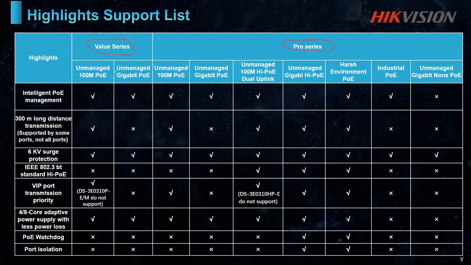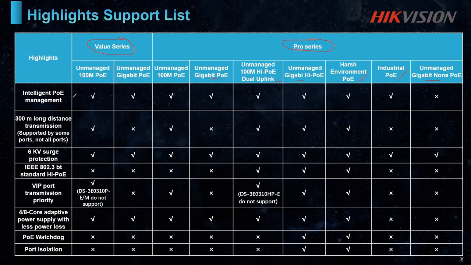In the value series, if you remember from the initial part, there are two categories again, 100M and gigabit. Again, in the pro series we also have the 100M gigabit unmanaged, and also the unmanaged 100M dual uplink. Then also unmanaged gigabit high PoE version, then harsh environment PoE, industrial PoE, and unmanaged gigabit non-PoE switch categories.